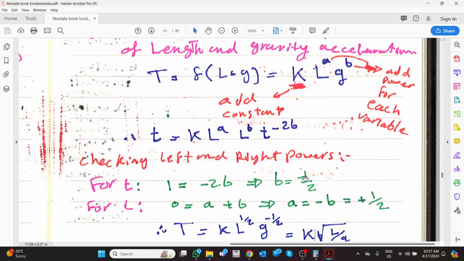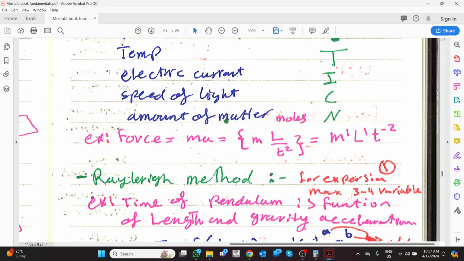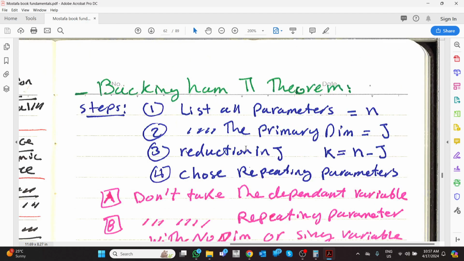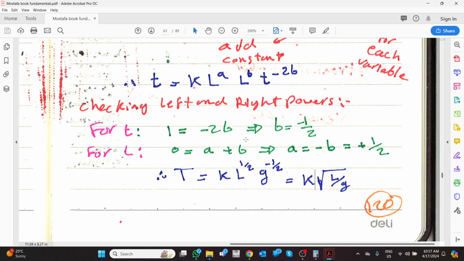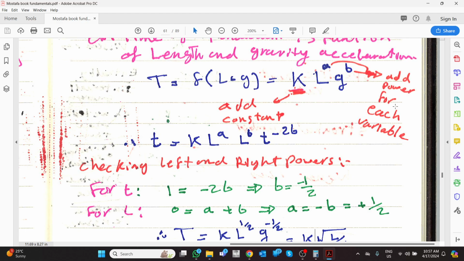You will find you're going to have multiple equations, with a number of equations which is less than the number of unknowns A, B, C. Let's go for more detail. If we have more complicated parameters, what are we going to do?